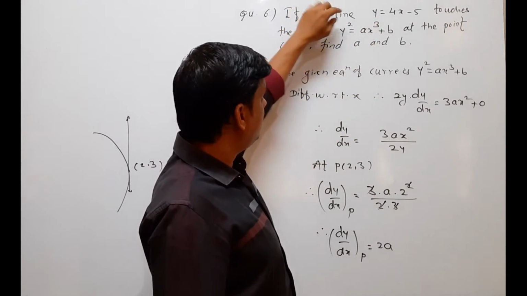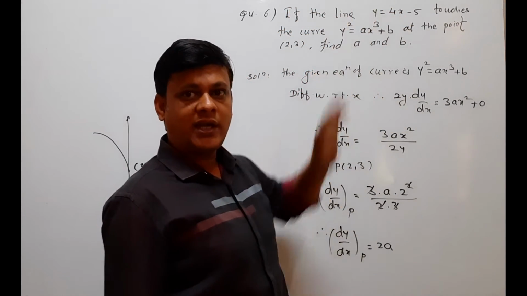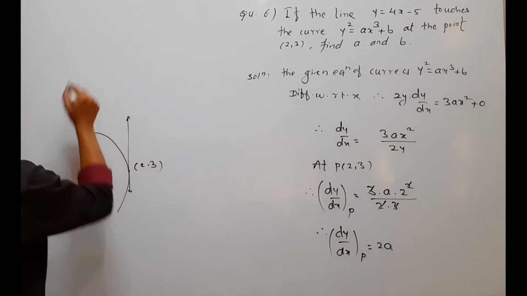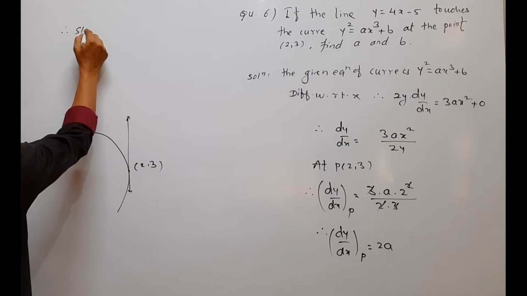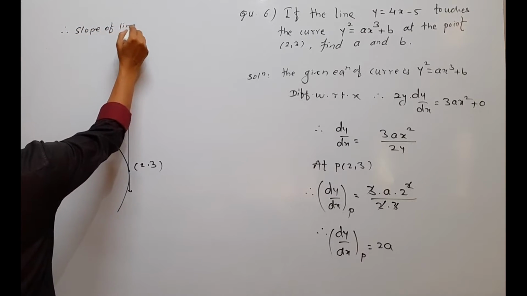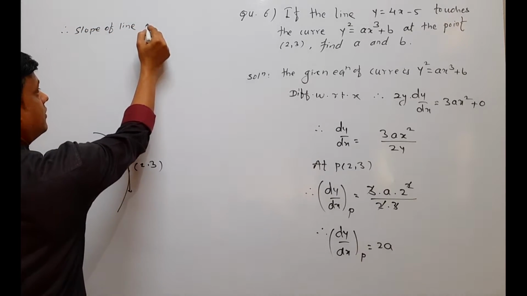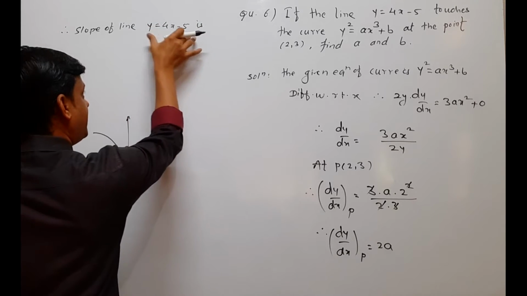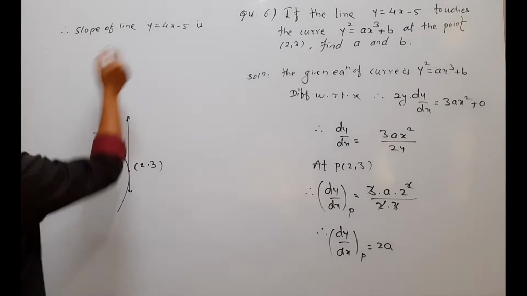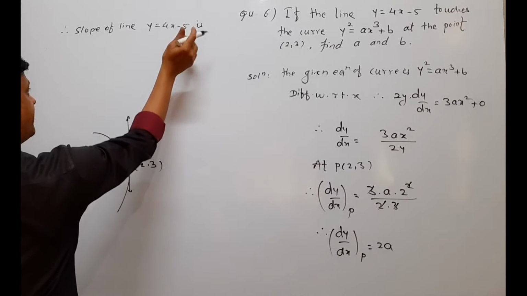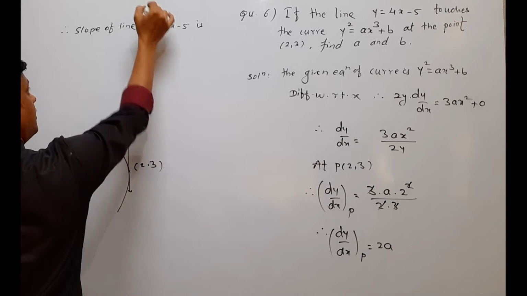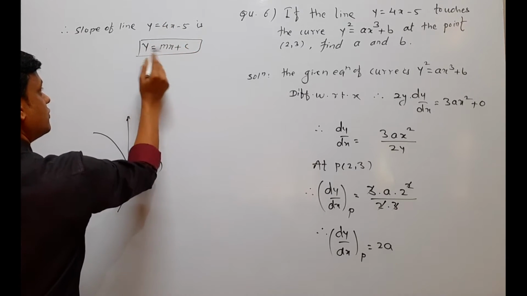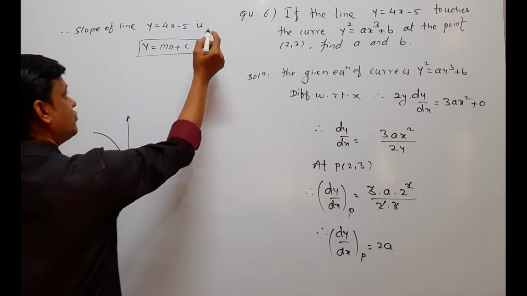Now this is slope of tangent, and we have provided that the line is touching. That means this line is also tangent to that curve. So we find slope of this given line. Therefore, slope of line y equals to 4x minus 5 is, first we write this in general form. So we write, or you can compare this with y equals to mx plus c. So from this we write m is equals to 4.